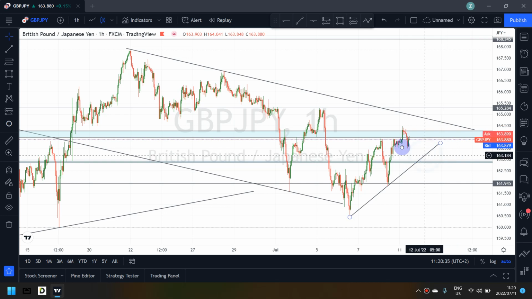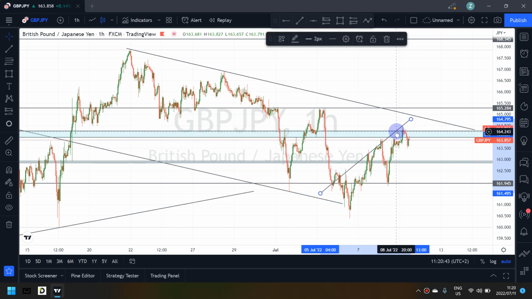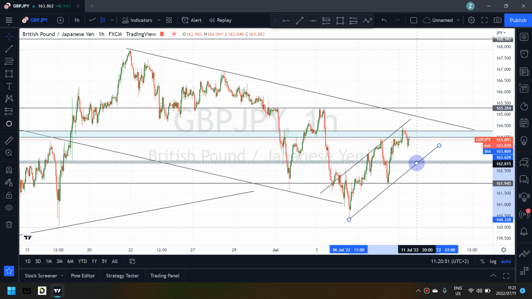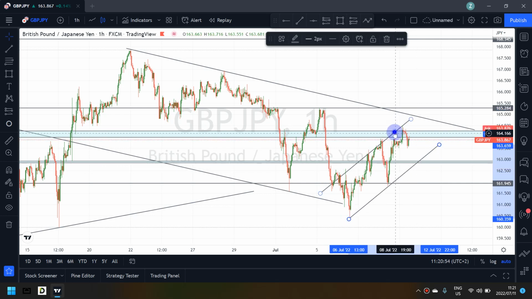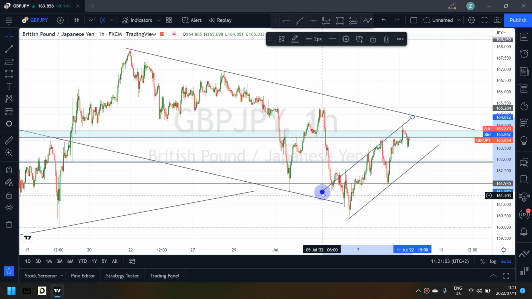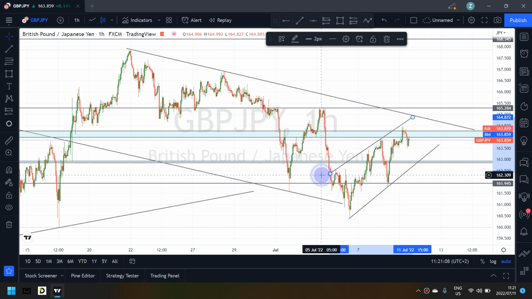So catering for this bullish trend inside the bearish trend, this is what I see. I'm seeing that this is the bullish structure that I see from the market.